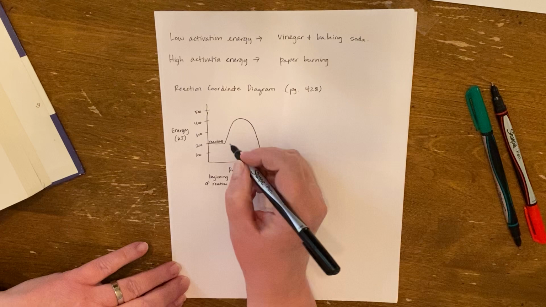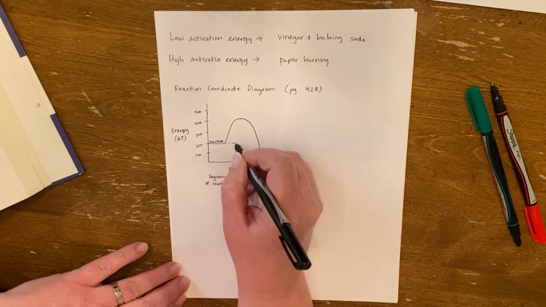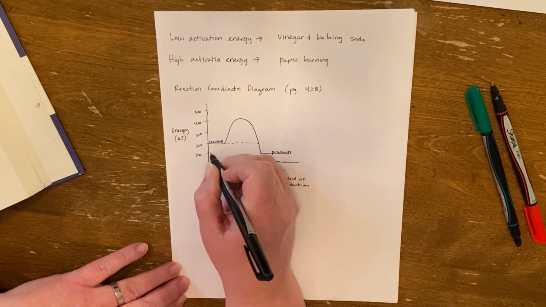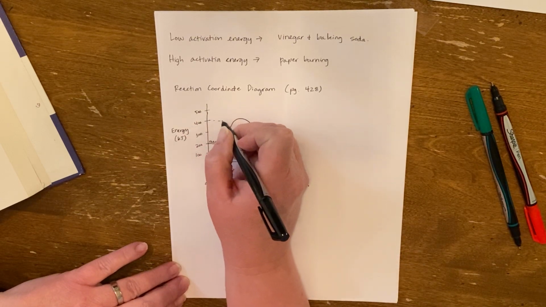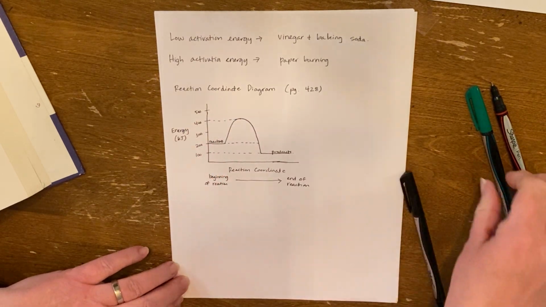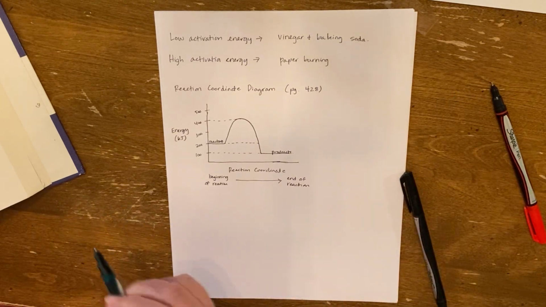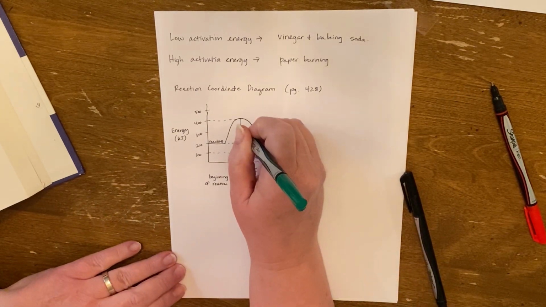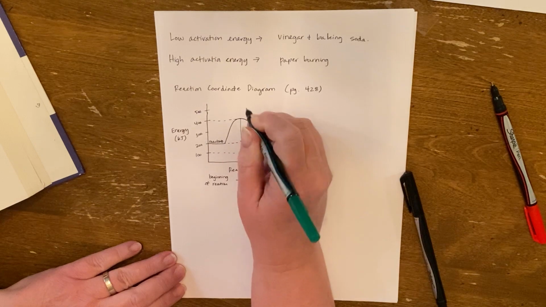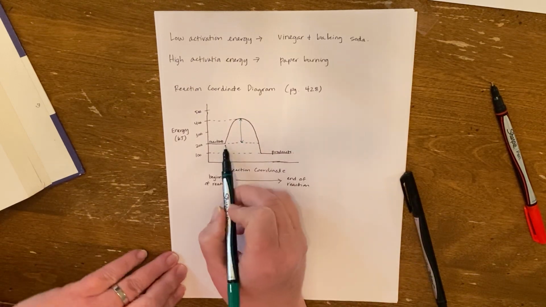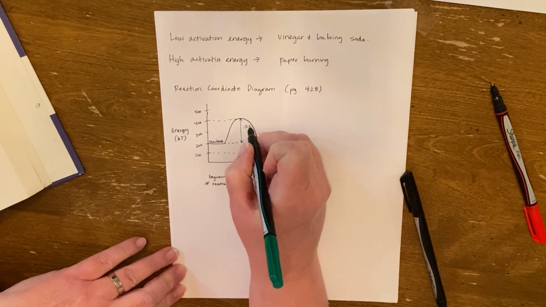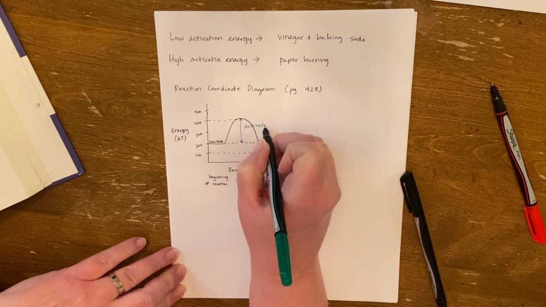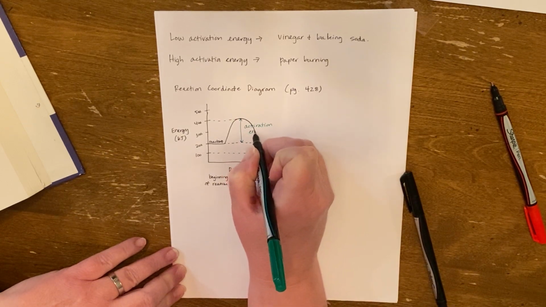So if we look at some of these values, let's draw some dotted lines here. The height of the hill here from our reactants to the peak illustrates our activation energy.